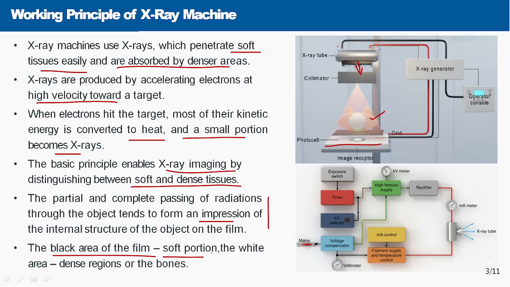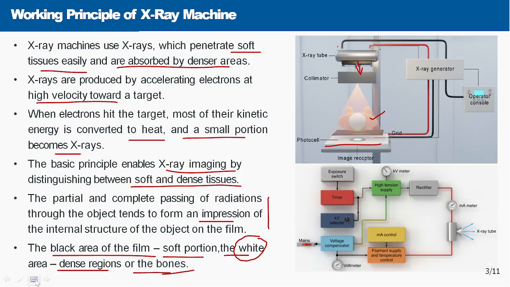So we get black areas. And the white area is the dense region, like bones, because white means a greater amount of X-ray has been absorbed in those portions, which have higher density like bone.